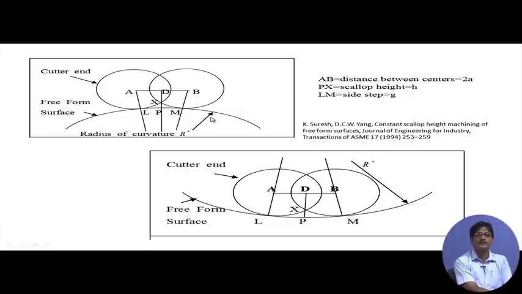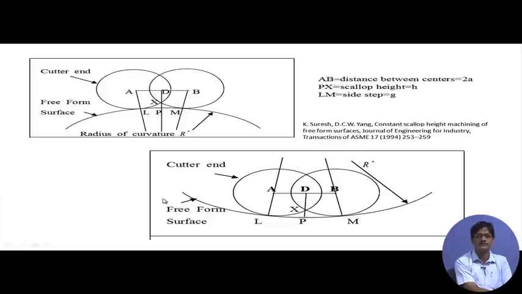So, what we are going to establish from here is that since these will be ultimately meeting at the center of curvature of the surface, we have similar triangles in which L m divided by A b will be equal to radius of curvature of the surface divided by radius of curvature of the cutter plus radius of curvature of the surface.